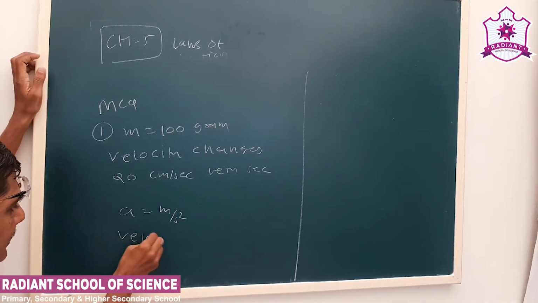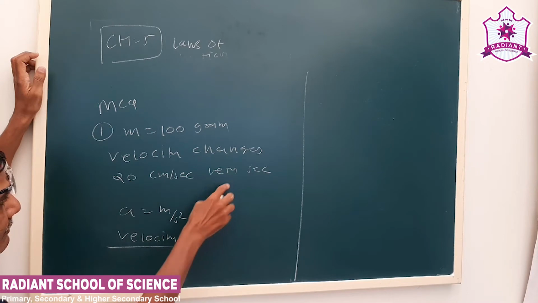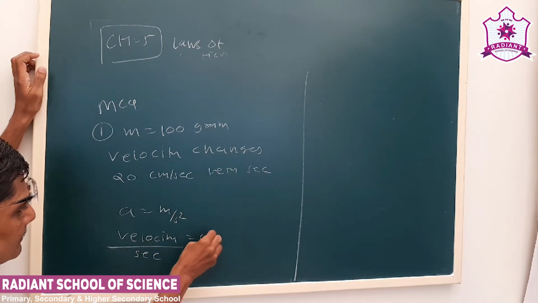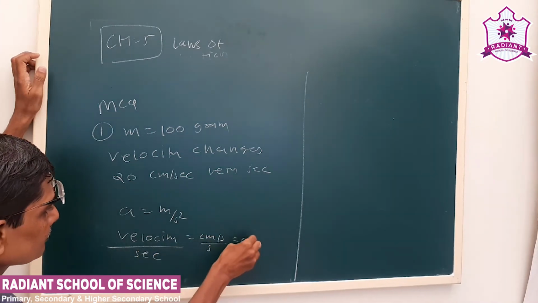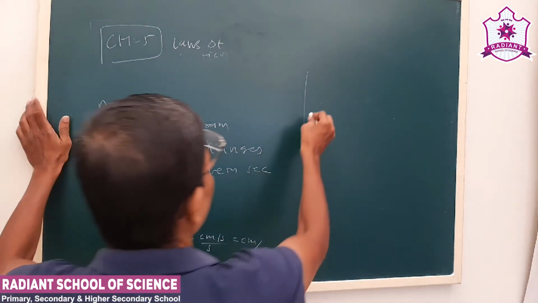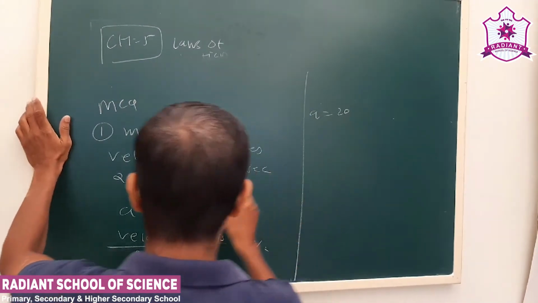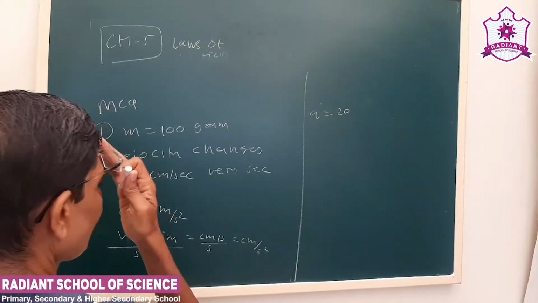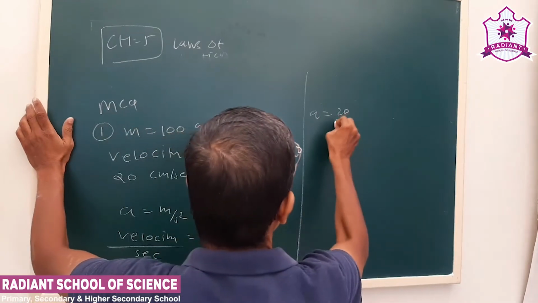Here velocity changes every second, so nothing else has become the unit of acceleration. So here acceleration is 20 centimeter per second square, I have to convert in meter.